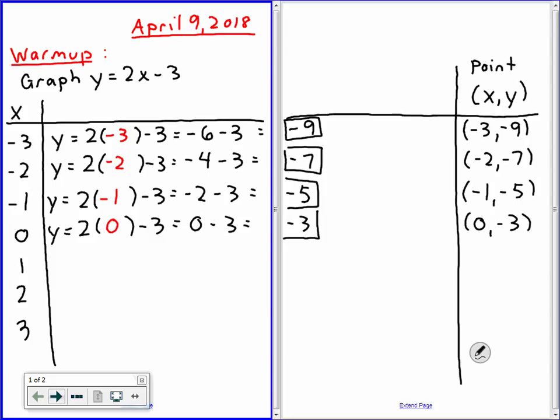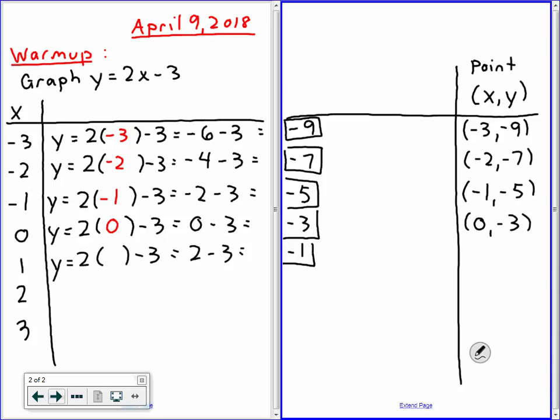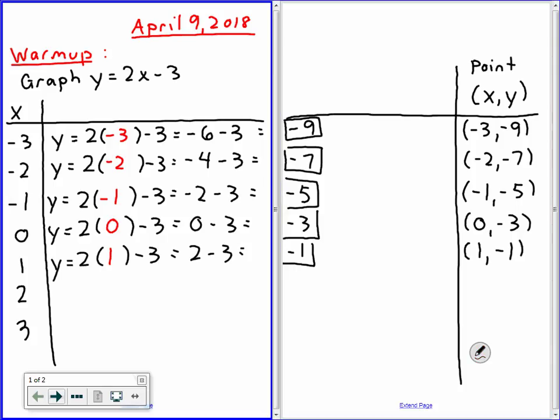All right, Adam, can you do the next one, please? Y equals 2 bracket 1 minus 3 equals 2 minus 3 equals -1. Very good. And my point is going to be 1, -1. So again, it's just following the pattern, that's all this is.